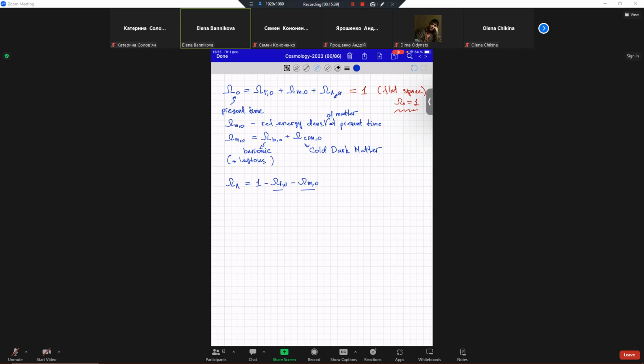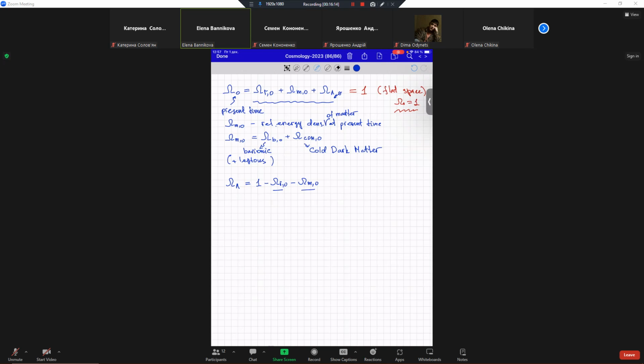Of course, you can say, okay, but are you sure that we really have this component? Maybe we just need to erase it from this equality. But again, we know that the universe now expands with acceleration, and this exactly tells us that we need to put in our equations this lambda term, which is exactly responsible, as we saw before, for the acceleration of space.